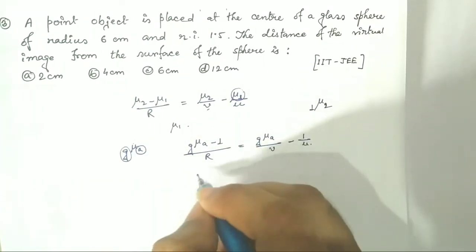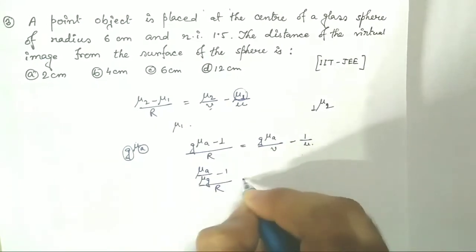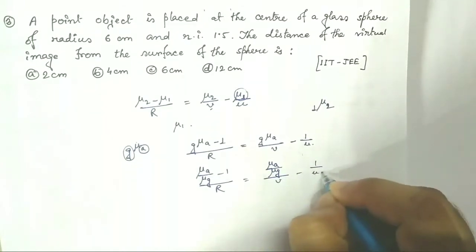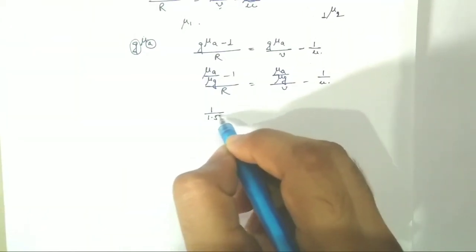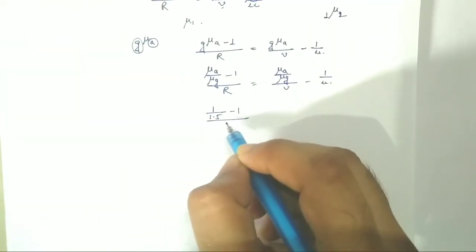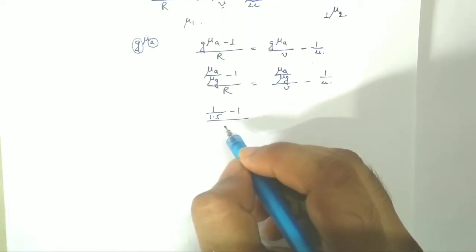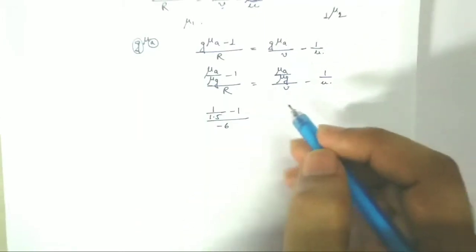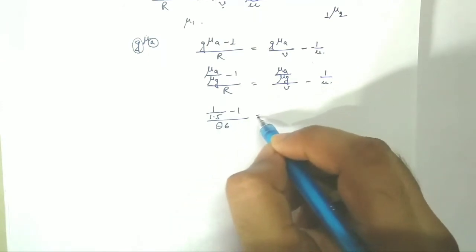Okay, now put the value. This is actually mu a by mu g minus 1 divided by R equals mu a by mu g by v minus 1 by u. So 1 divided by 1.5 minus 1 divided by R. The value of the radius of curvature is 6, but actually this is on the opposite side of the propagation of light, so a negative sign will arise.